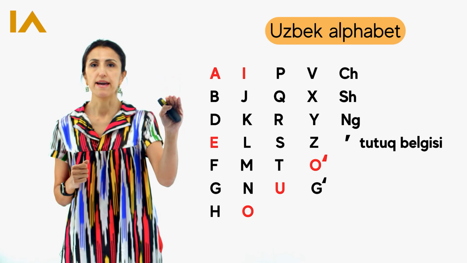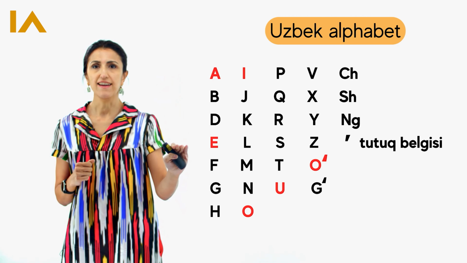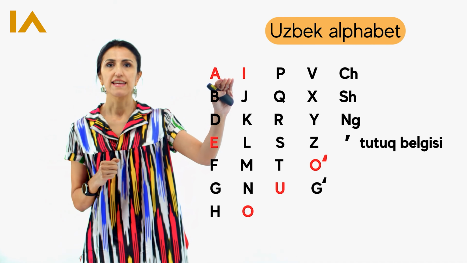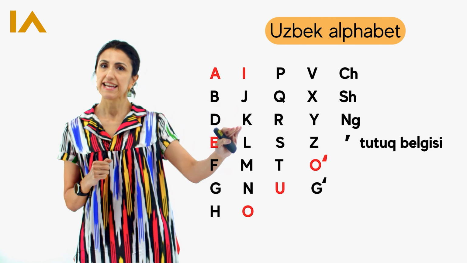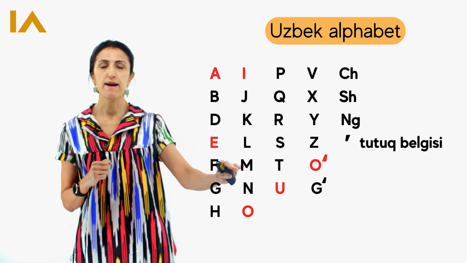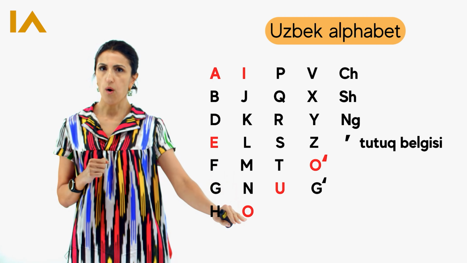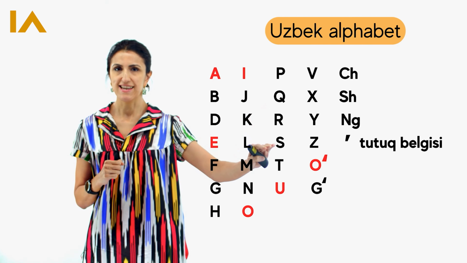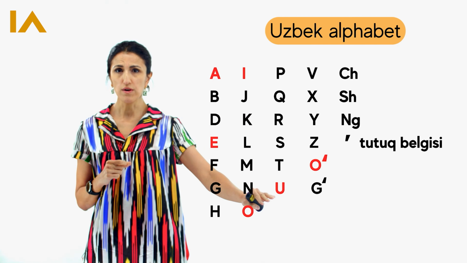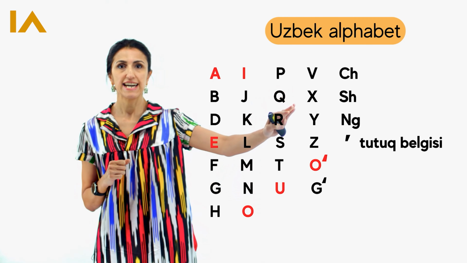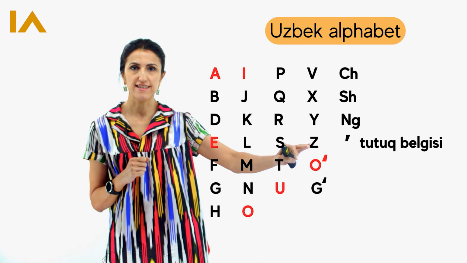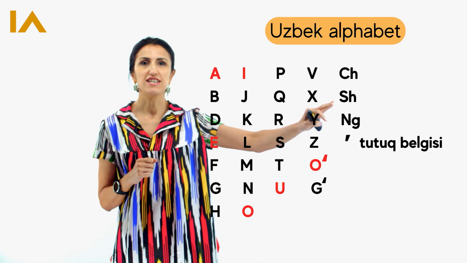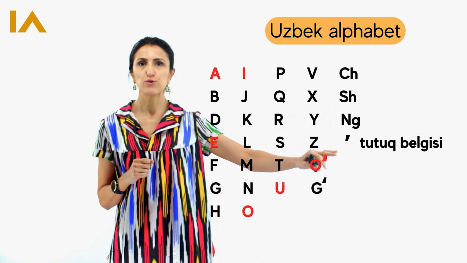A, B, D, E, F, G, H, I, J, K, L, M, N, O, P, Q, R, S, T, U, V, X, Y, Z, O', G', Sh, Ch, Ng. Tutuq belgisi.